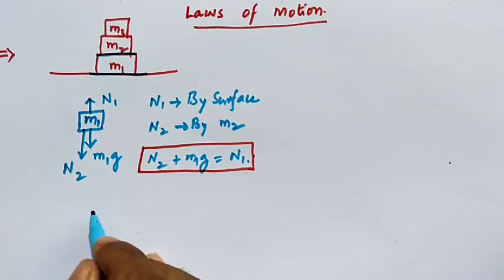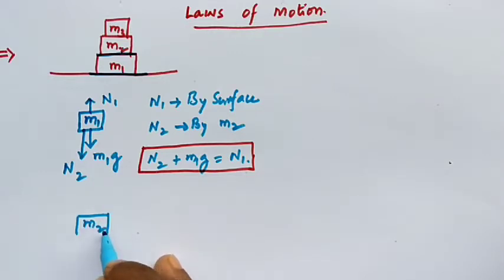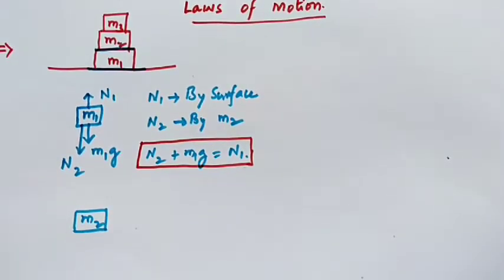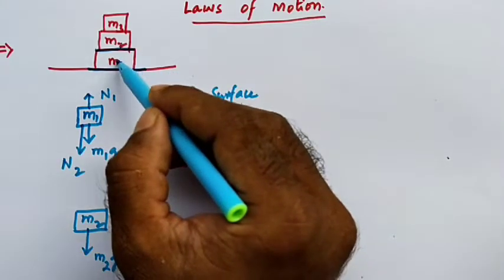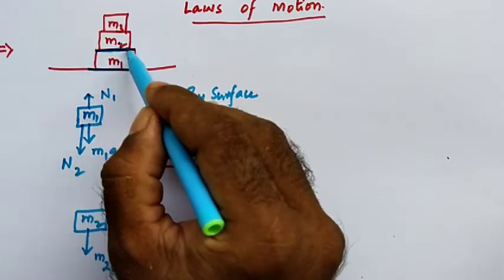Now coming to m2. Let us see body m2. On m2 how many forces are acting? This is a question now. One is the weight of the body, the gravitational force, acting downwards, m2g. Next, m1 and m2 both are in contact.